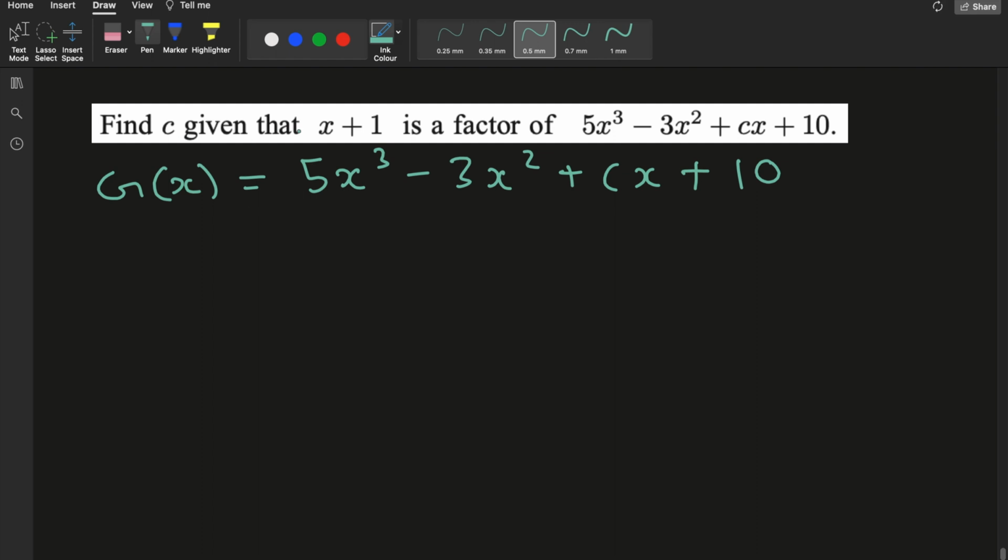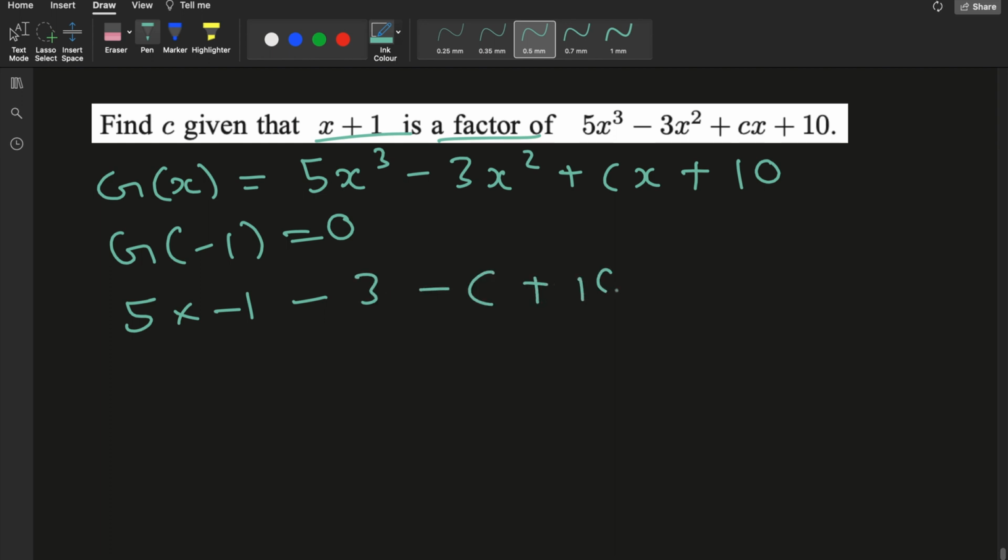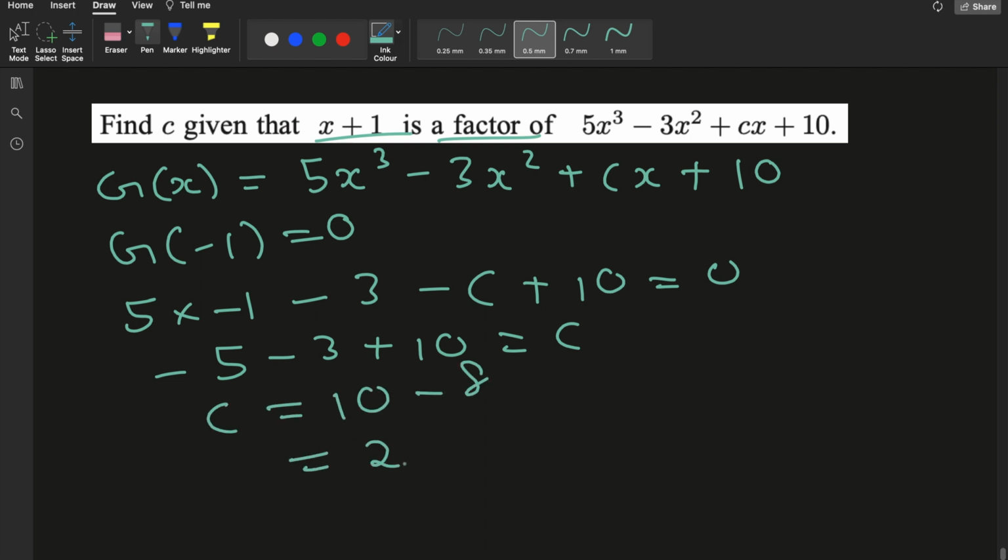It's given that this is a factor. So g of minus 1 equals 0. So 5 into negative 1, negative 3, negative c plus 10 equals 0. So negative 5, negative 3 plus 10 equals c. So c equals 10 minus 8, which is 2.